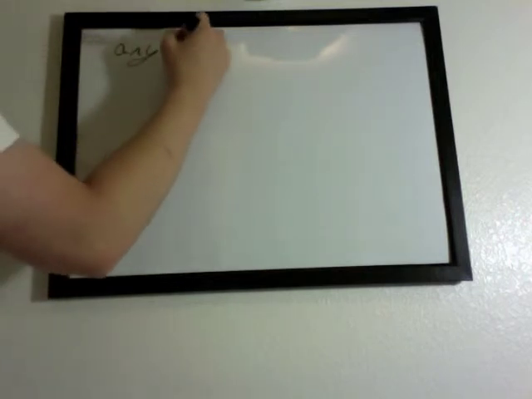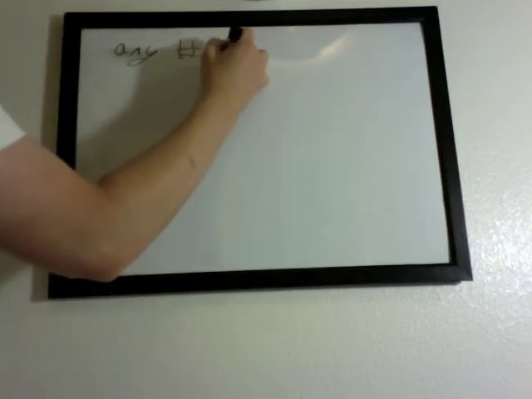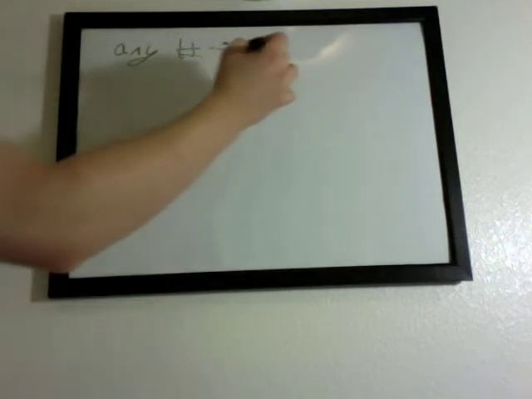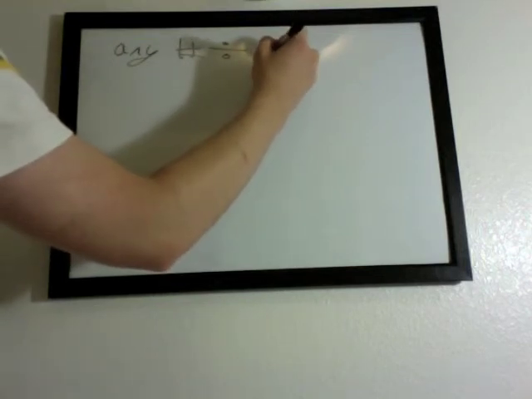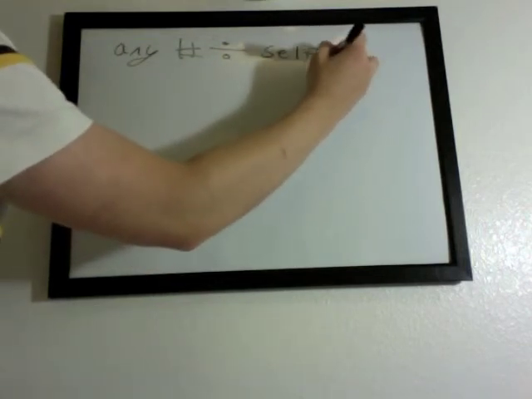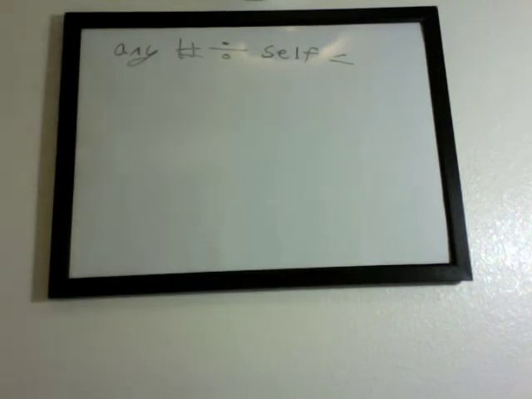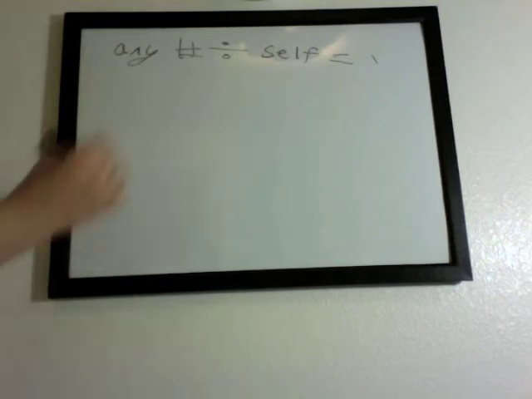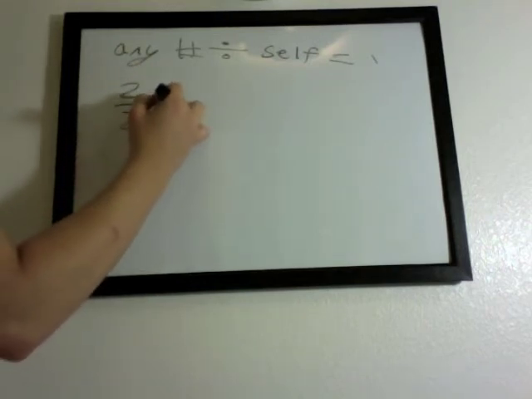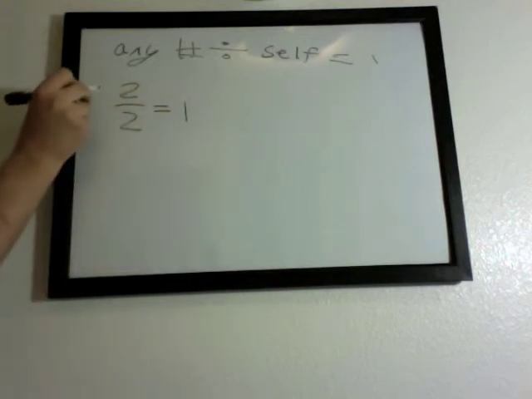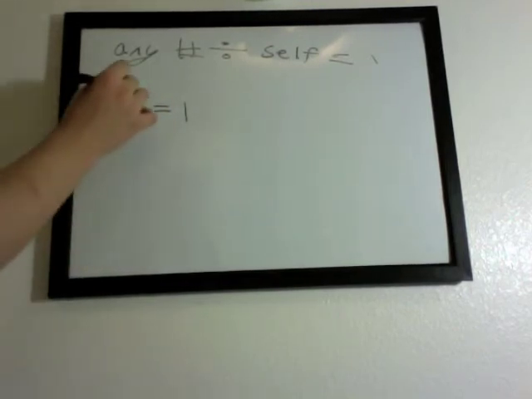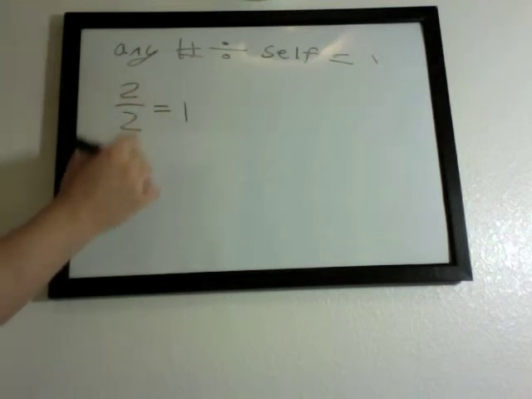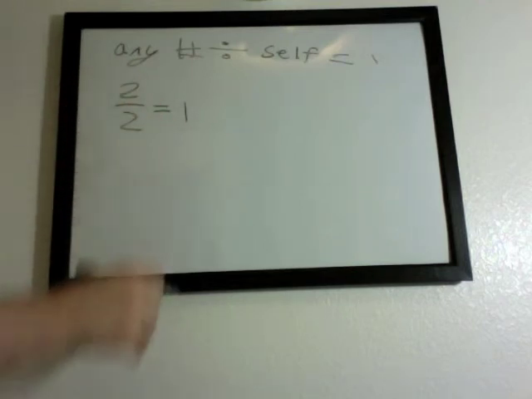Another rule that you should know: any number divided by itself is equal to 1. So for example, 2 divided by 2 is 1, or 2 over 2. It's the same thing. This sign you can think of as division. So 2 divided by 2 is 1.